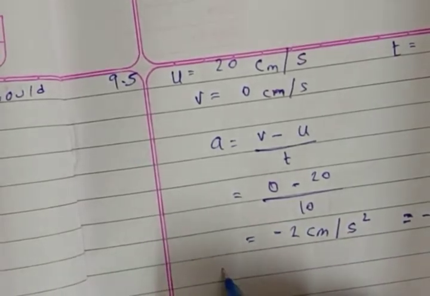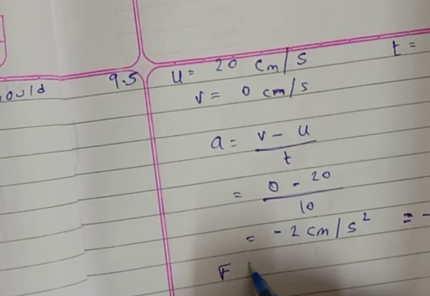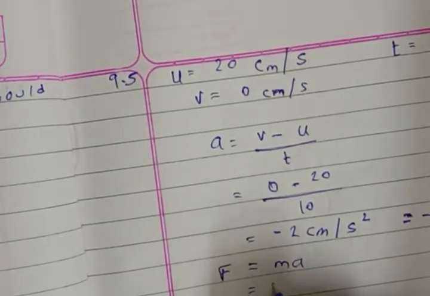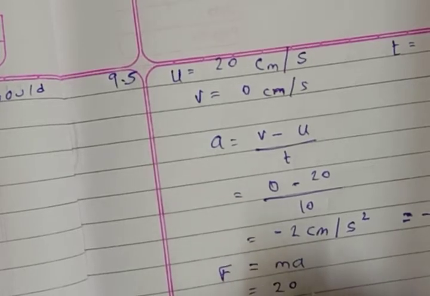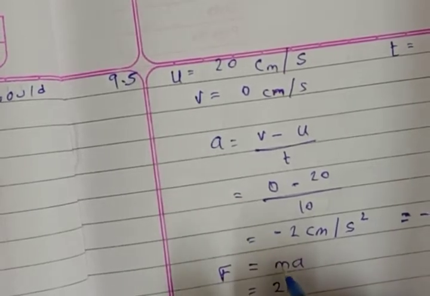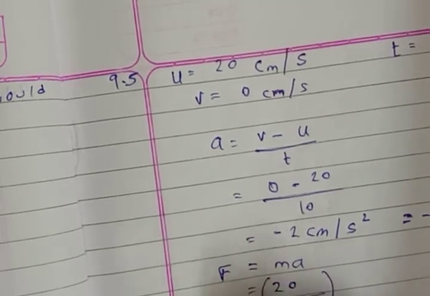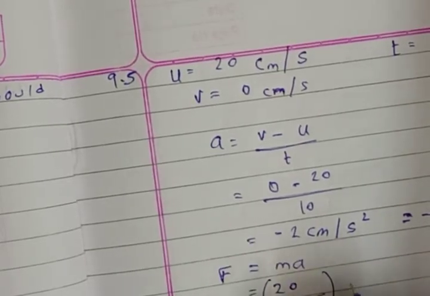Now you have to find the force. So what is the formula? Force equal to mass into acceleration. The mass given is 20 grams, so we have to convert that to kg. So divide by 1000.